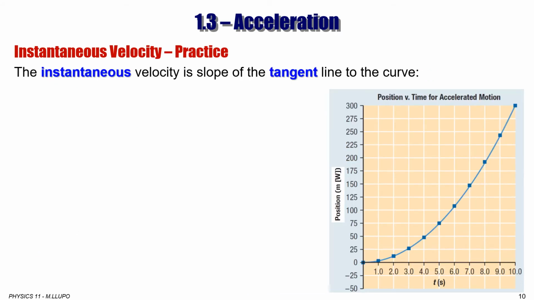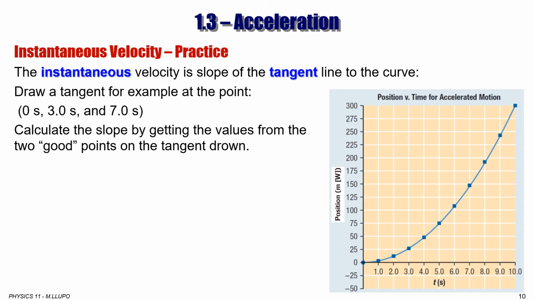We know that instantaneous velocity is the slope of the tangent line to that curve. And you see a position time graph given. It's a parabola. It's not a constant motion, it's an accelerated motion. The tangent at different points will be different. So let's start with 3 points: 0, 3, and 7.